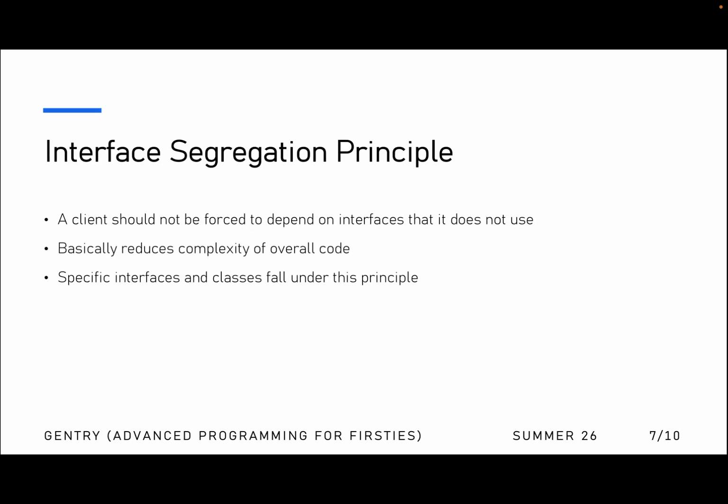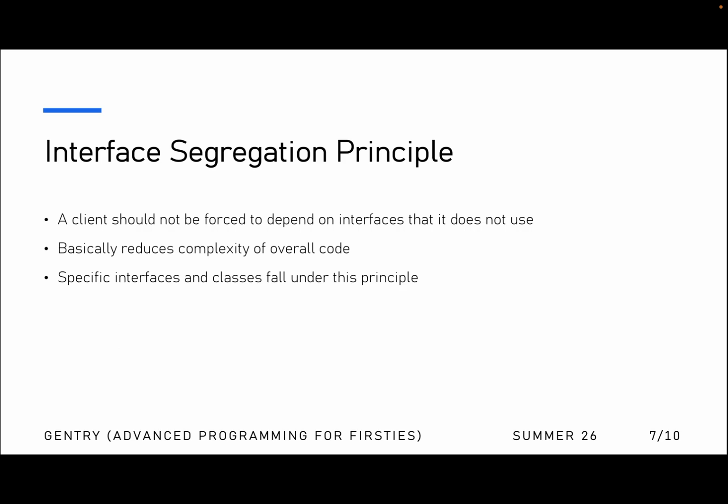So then for the interface segregation principle, a client should not be forced to depend on interfaces that it does not use. Basically, like if you're making a coffee machine class, you don't want this coffee machine to also force the user to go get coffee beans themselves and harvest it from trees themselves. Obviously, that's another part of the process.